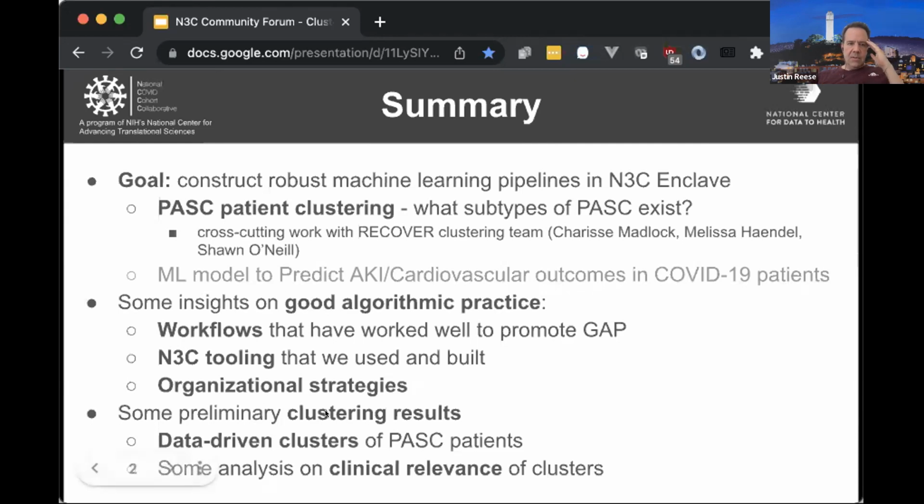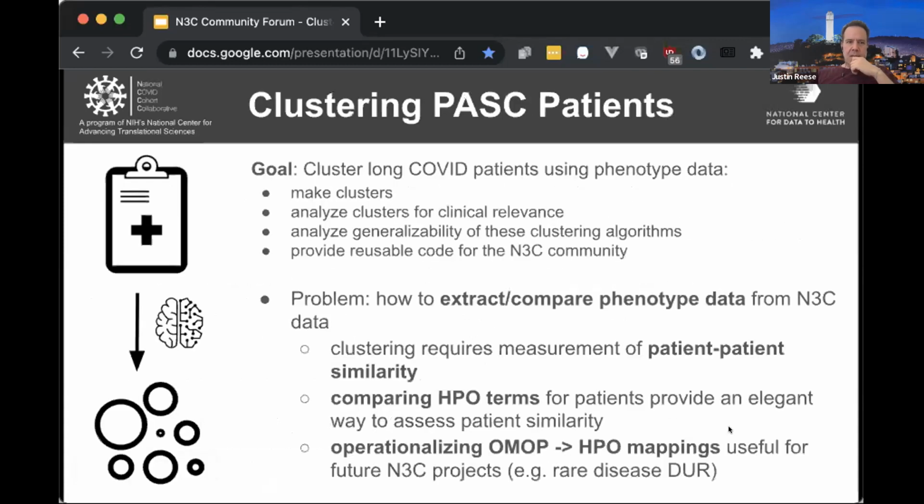And I'll also give you some not so preliminary now clustering results on long COVID patients and some analysis of the clinical relevance of those clusters. But again, the goal here, at least the short-term machine learning goal, is to make clusters of long COVID patients using the phenotype data directly, and so it's sort of data-driven clusters of long COVID patients.